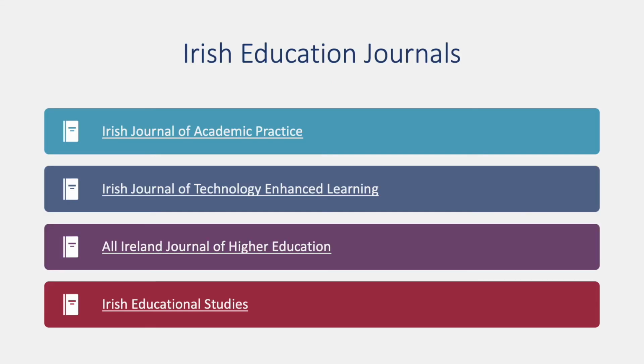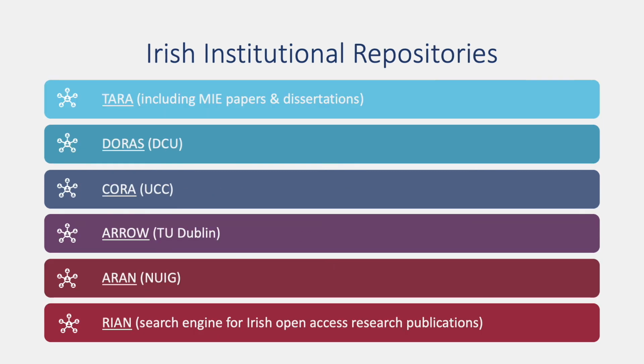These are open access journals published in Ireland, mostly by Irish authors covering topics relevant to the Irish education system. This is a really great place to find good quality research. You can find the links to these journals on the library guide. You can also find Irish research in institutional repositories. An institutional repository is a database of everything published by the academics and students who study and work in a particular institution.